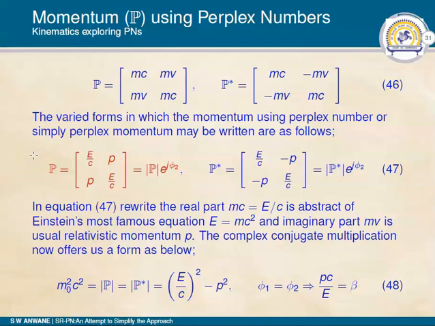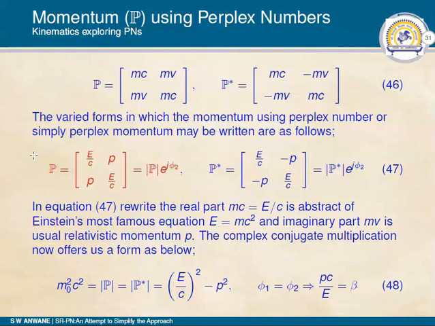Now you can look at the matrix version as well as Euler's version, wherein the Euler angle I am calling phi 2, which is essentially equal to phi 1, but as we are defining them in different notations, I have given them the separate names phi 1 and phi 2, and later on I am going to equate them. Similarly p star can also be defined, which appears in equation 47.